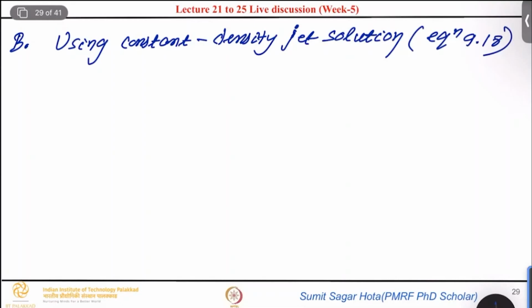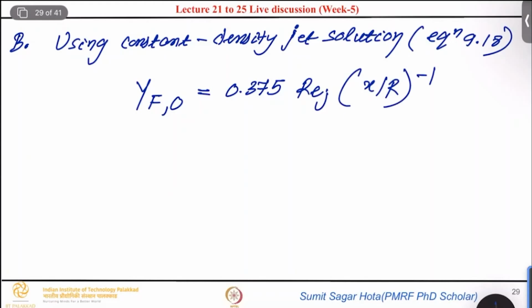It's already given in the book. Now we just have to substitute into this equation. Y F O is equal to 0.375 R i by R into x by r to the power minus 1.